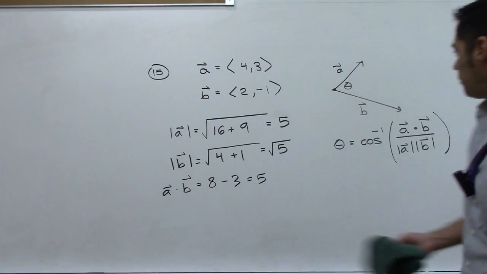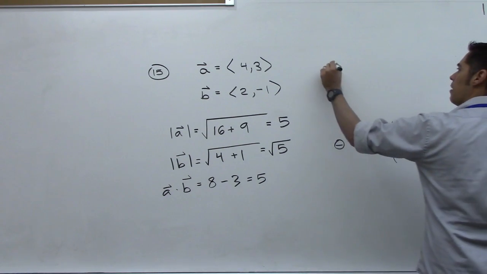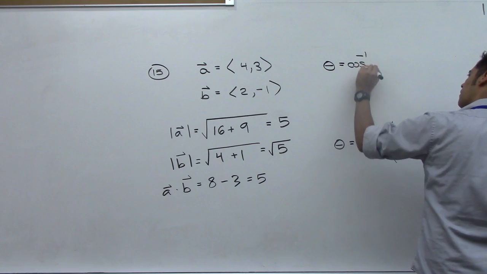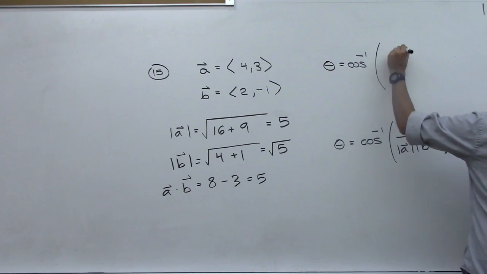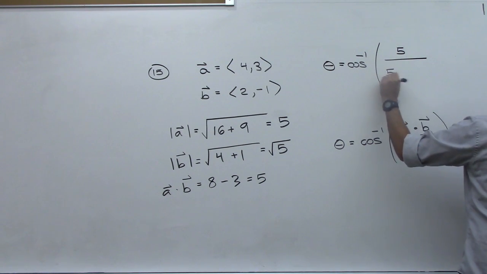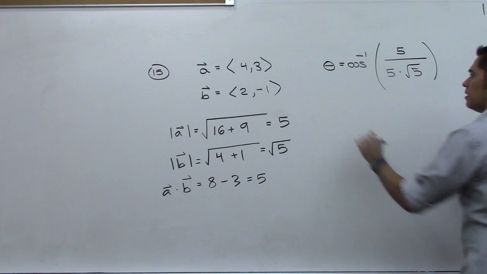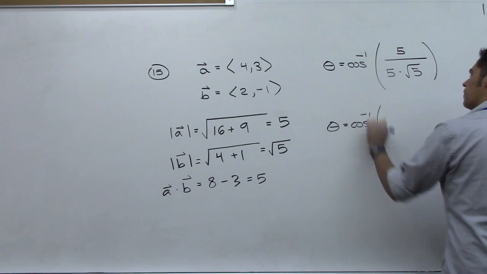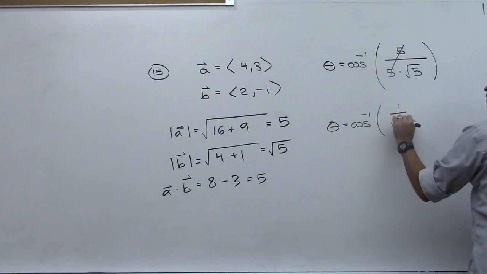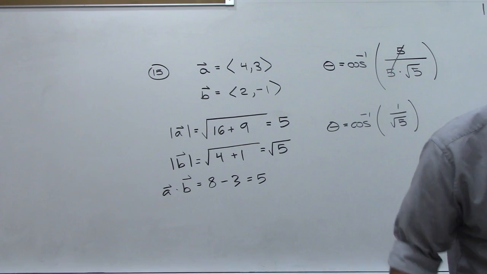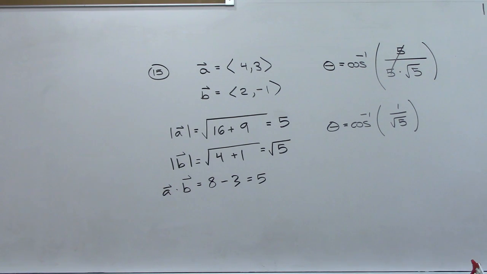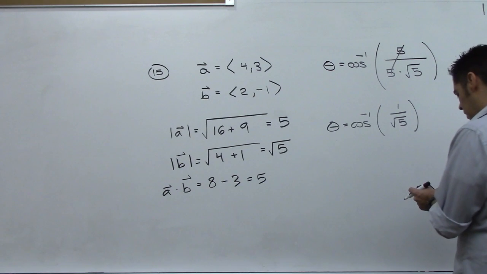So here's what we've got. In this formula, theta will be equal to arc cosine of A dot B, which was 5, over magnitude of A, which was 5, times magnitude of B, which was root 5, which is the same as arc cosine of 1 over root 5. So I'll go ahead and do that on my calculator. 1 divided by the square root of 5, and then take the inverse cosine of that.